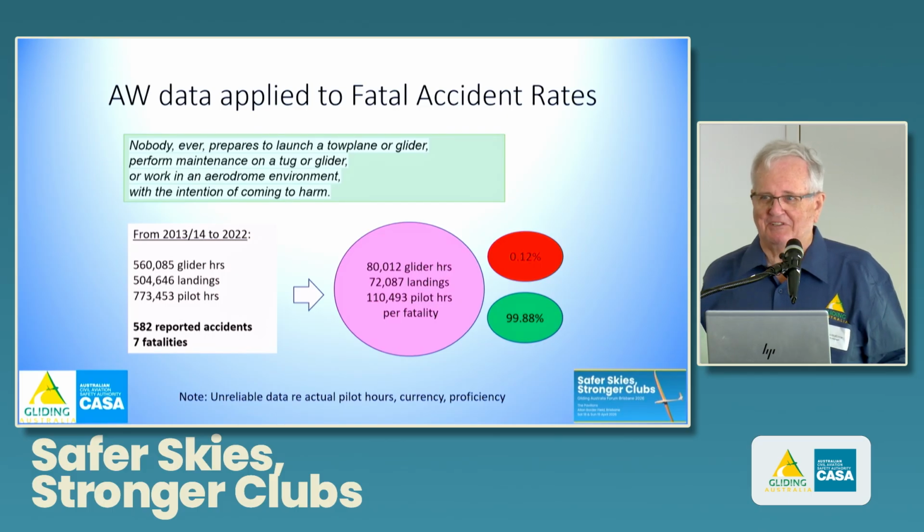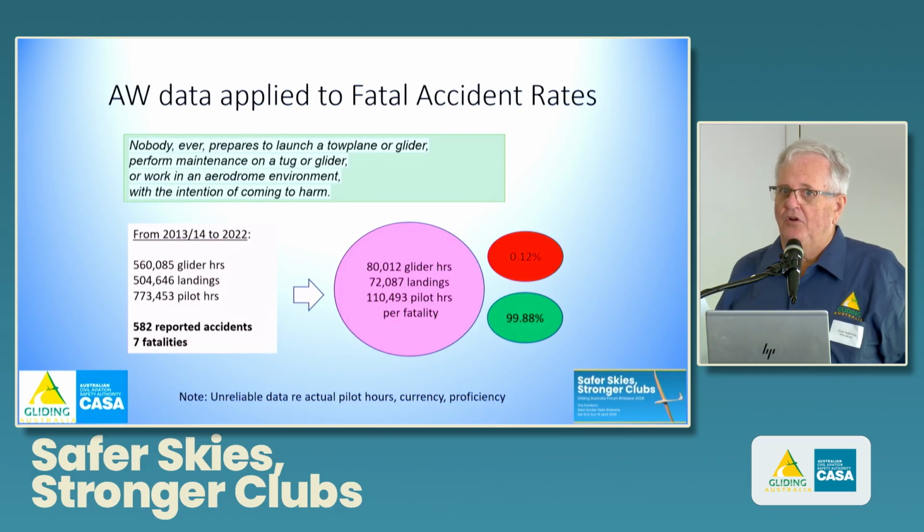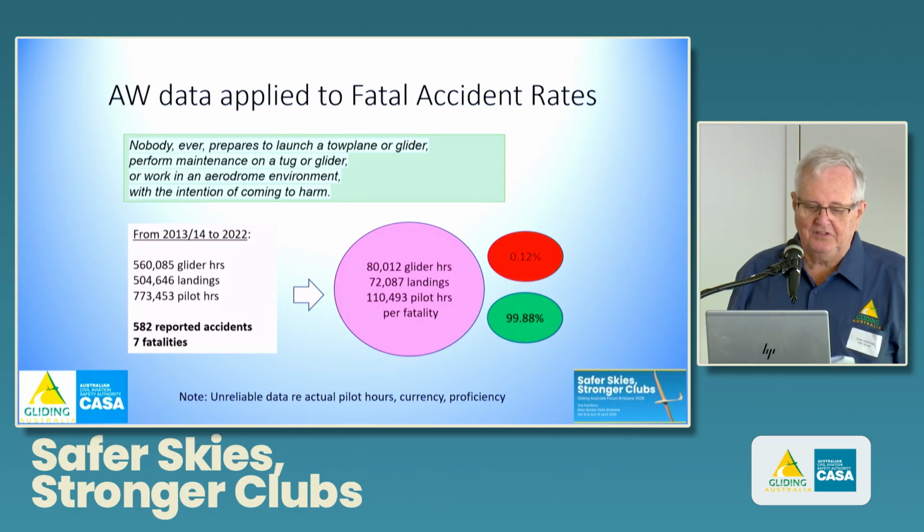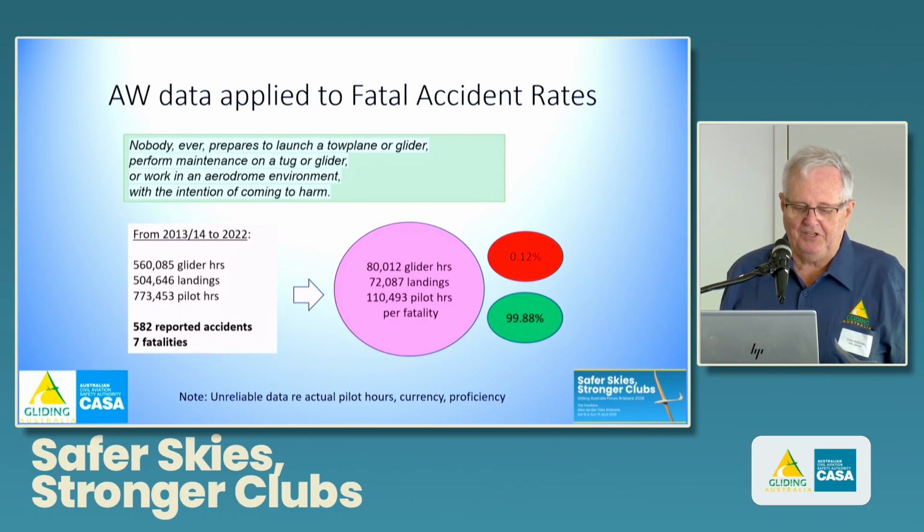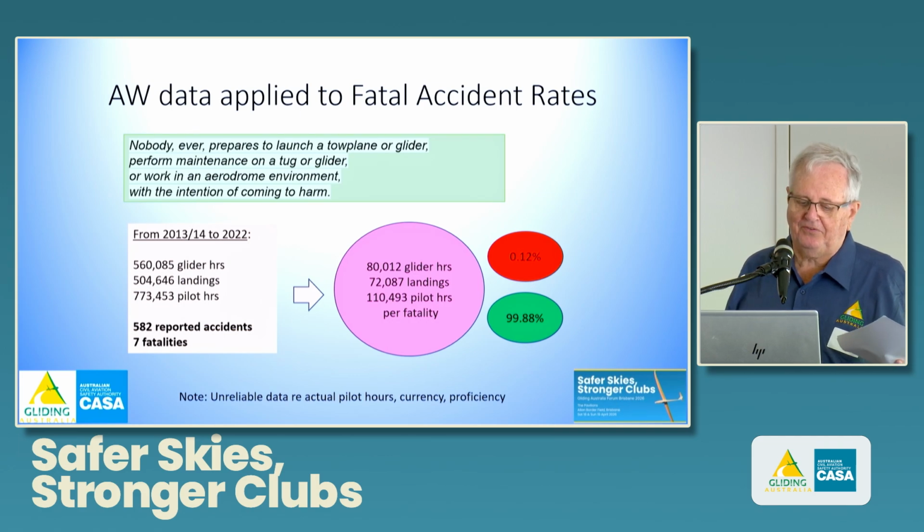wild approximations. So from the airworthiness data, we know how many launches and landings they've done. We know how many hours they've flown. And then we do some division between single-seaters and two-seaters, numbers of pilots involved. But the outcome of this analysis is that our accident rates, 80,000 hours or 72,000 landings or 110,000 pilot hours per fatality.